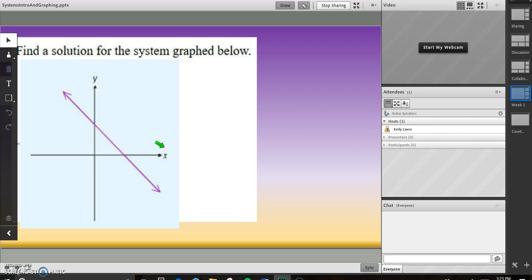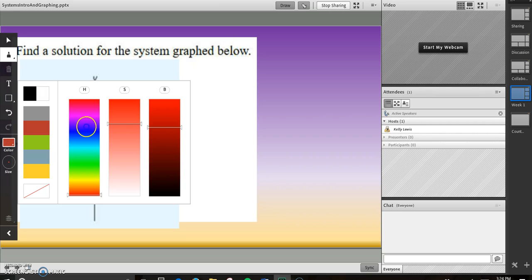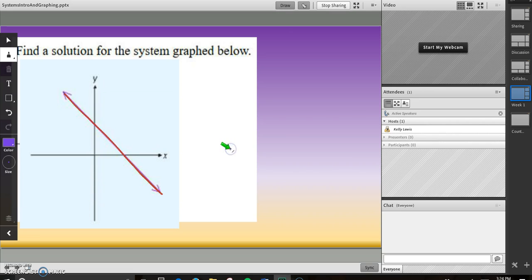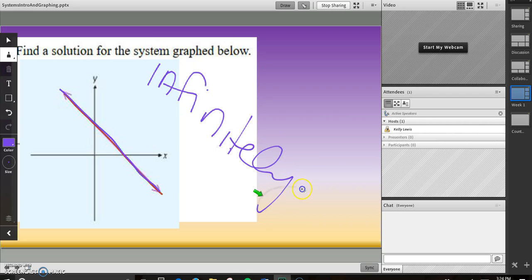Right here, if we have this line and then this line on top of each other, everywhere they touch, then you have infinitely many solutions.